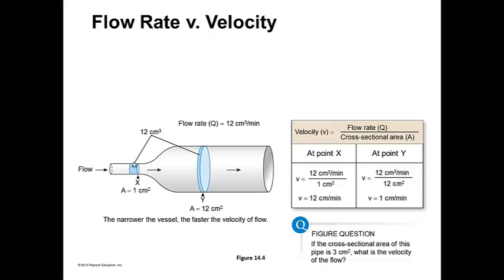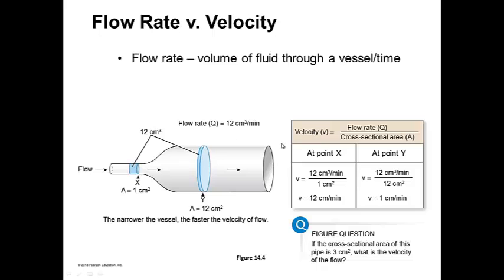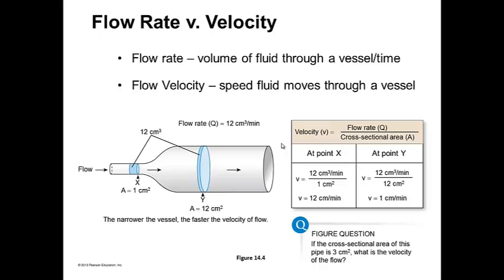Now, it's kind of a weird thing to think about, but keep in mind that what we're really interested in is flow rate. How much blood is getting to the capillaries per minute? The speed is important. It's related, but that's not the variable we're really interested in.